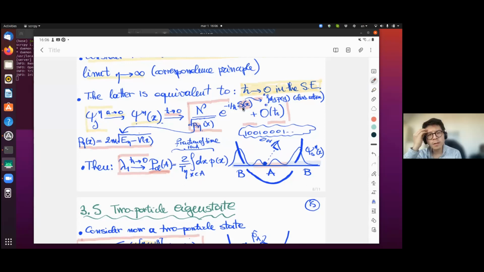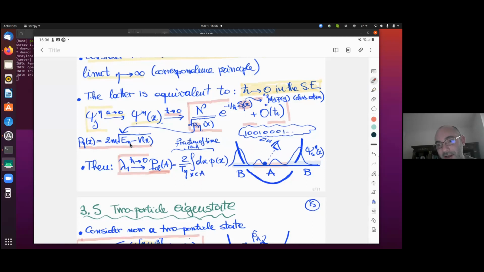There are two ways to achieve that. One is to take P very large. P is the momentum, right? And P very large means that eta is very large, because the energy is a function of the quantum number eta.